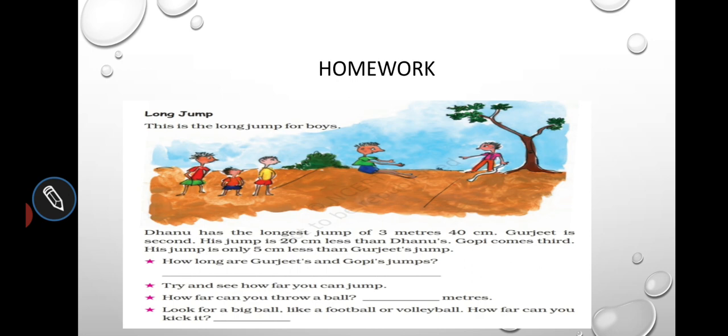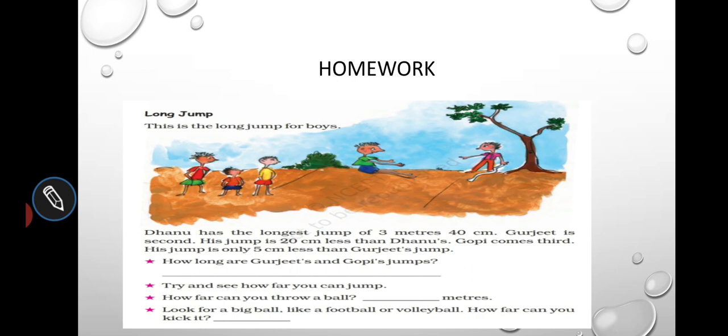Now, Dhanu's jump is the longest. And what is the length of Dhanu's jump? 3 meter 40 centimeter. Gurjit's jump is less than Dhanu's jump. How much? Only 20 centimeter. Now if I ask what is the length of Gurjit's jump, how can you tell?